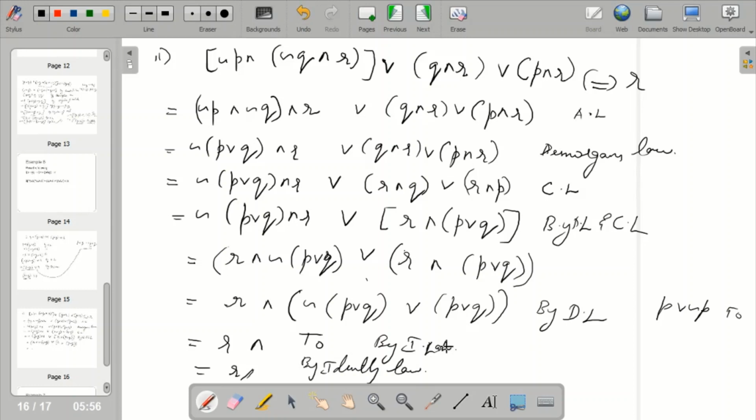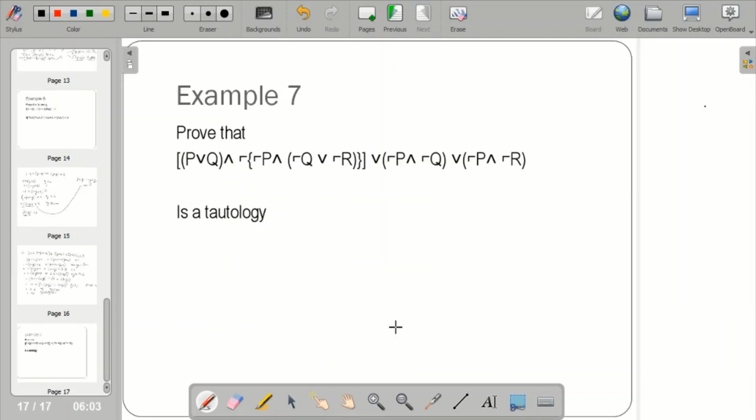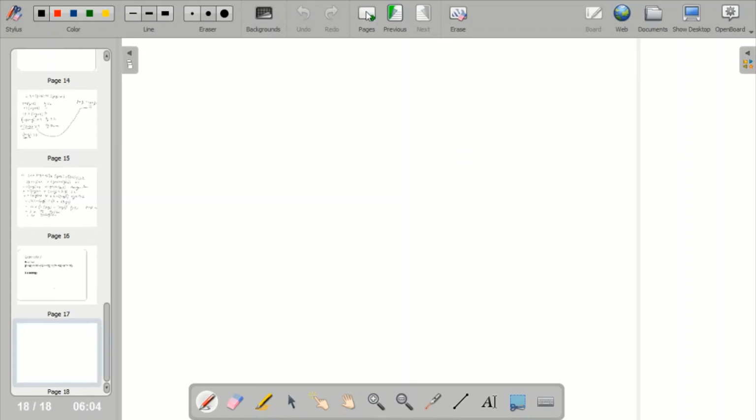Next, the last example is regarding prove that this particular compound proposition is a tautology. Now let us solve this particular problem. Insert a new page. So we'll write down the question.